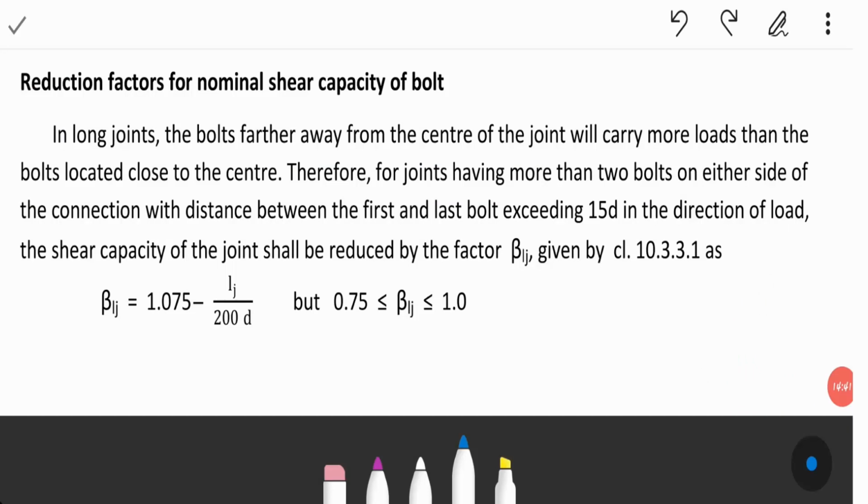Reduction factor for nominal shear capacity of bolt. In a long joint, the bolt further away from the center of the joint will carry more load than the bolt located close to the center. Clear?